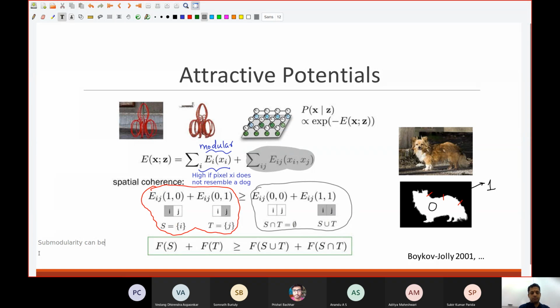Submodularity can be proved using the second equivalent definition. That's why we brought up the properties up front.